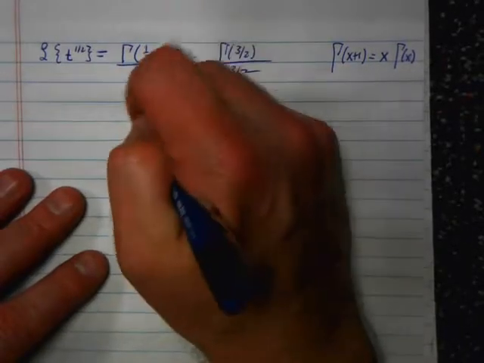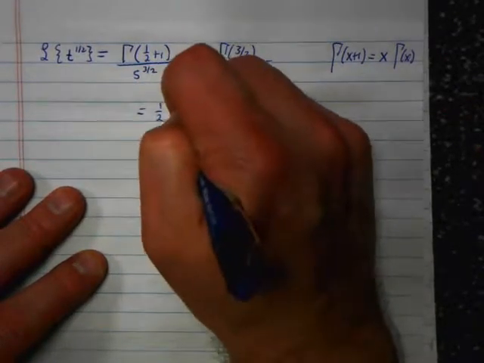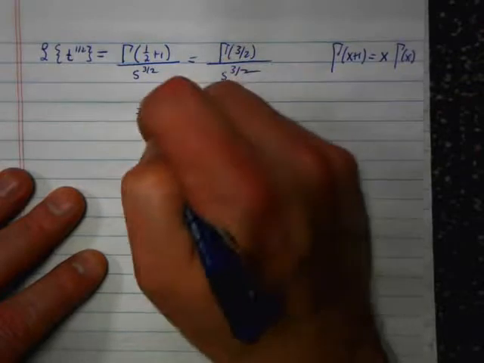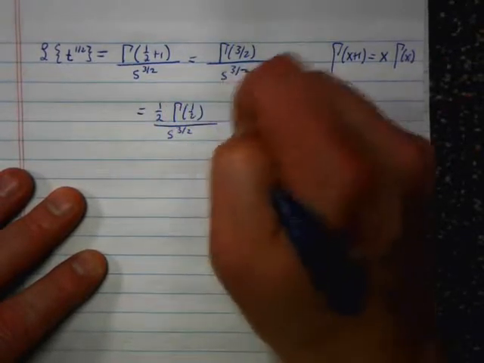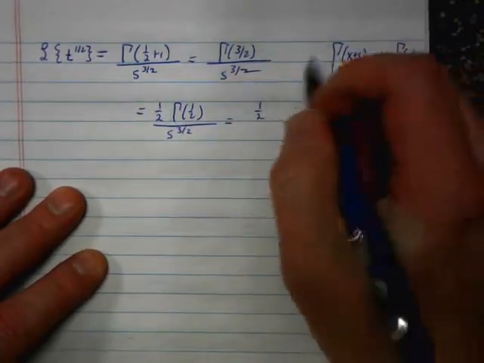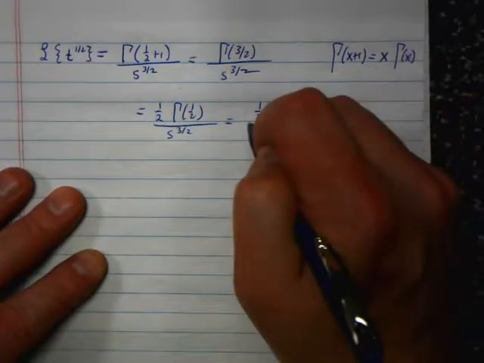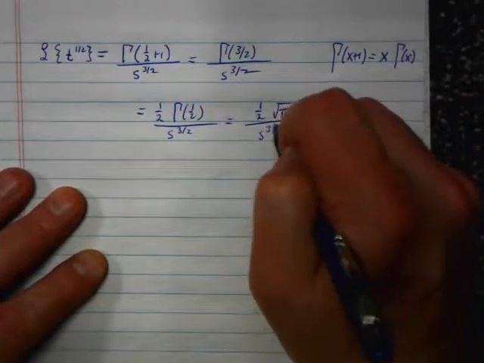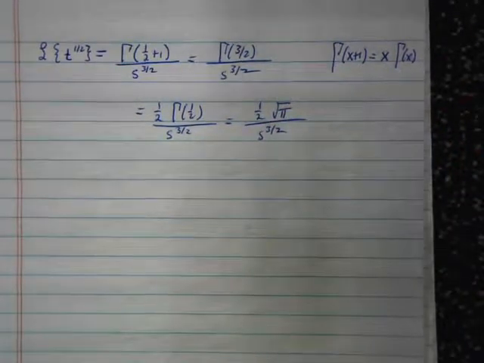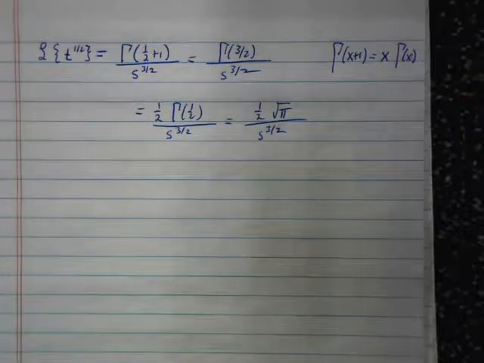So this is 1/2 gamma of 1/2 over s to the 3/2. 1/2 square root of pi, which you could write as square root of pi over 2, s to the 3/2. So there would be the Laplace transform of t to the 1/2. Not so bad.